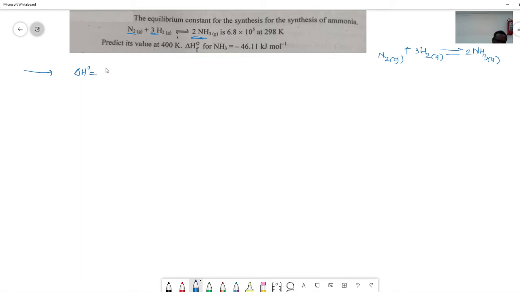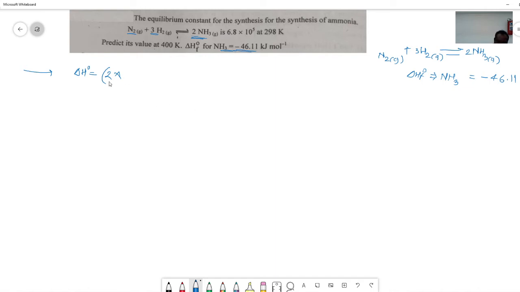So delta H0 for ammonia minus N2 plus H2. How many moles of ammonia? 2 into the given value, delta HF0 for NH3, which is minus 46.11 kilojoule per mole.